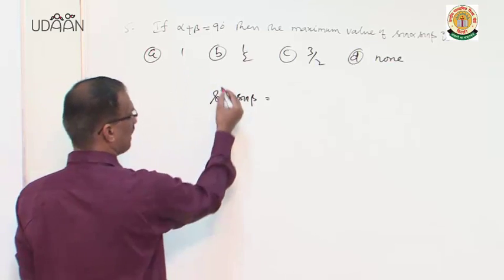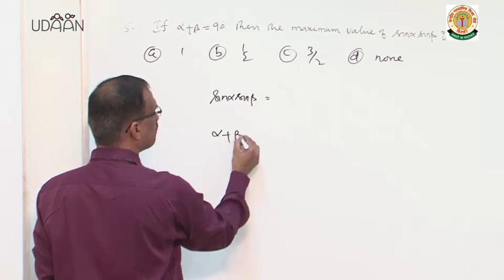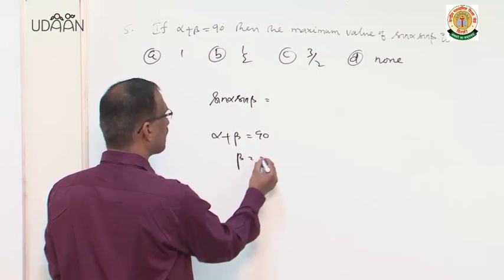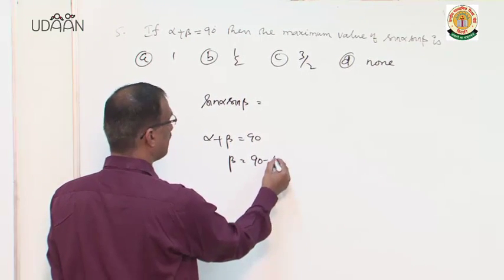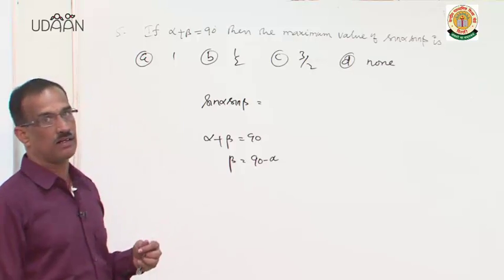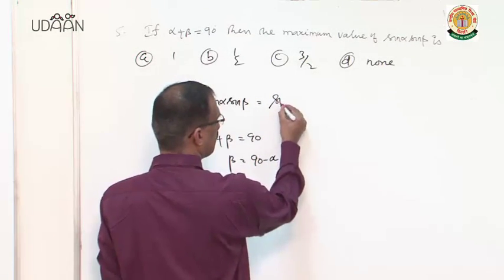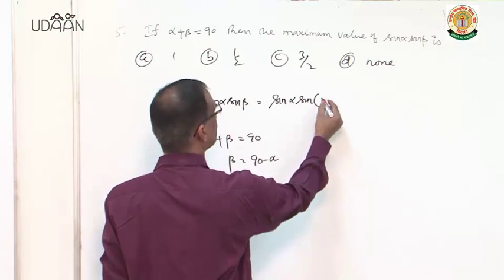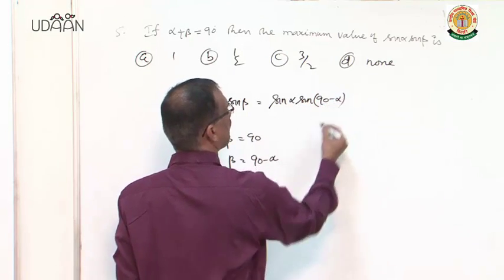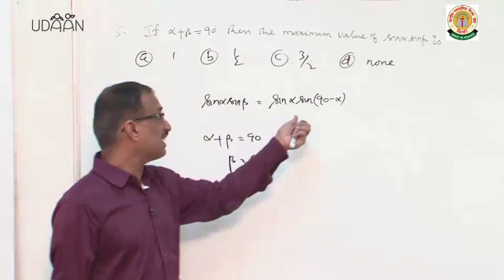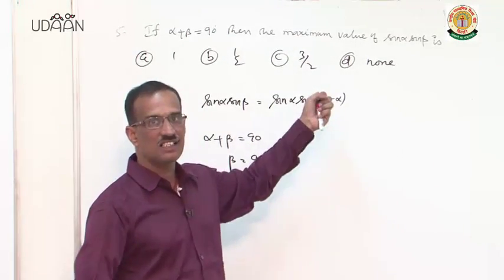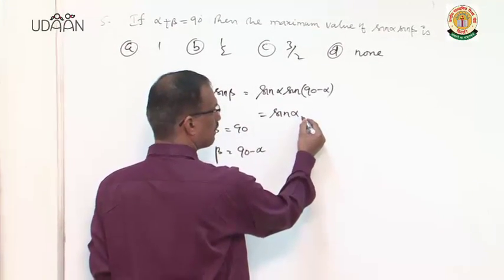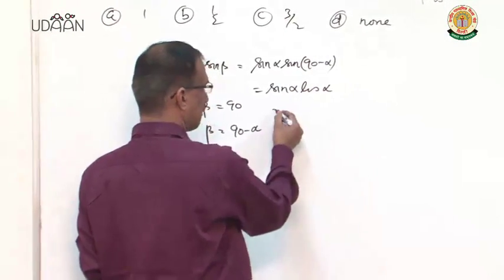Now we are given alpha plus beta equal to 90 degree. So beta can be written as 90 minus alpha. If you substitute here, sin alpha sin of 90 minus alpha. What is sin 90 minus alpha? That is cos alpha. So we get sin alpha into cos alpha.